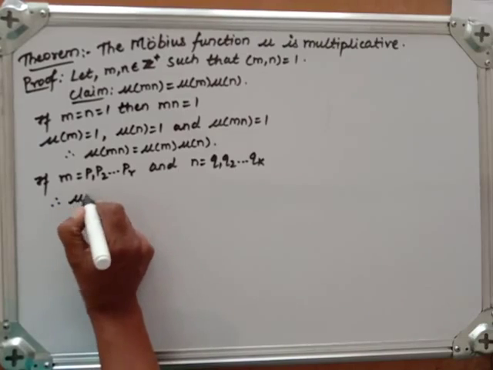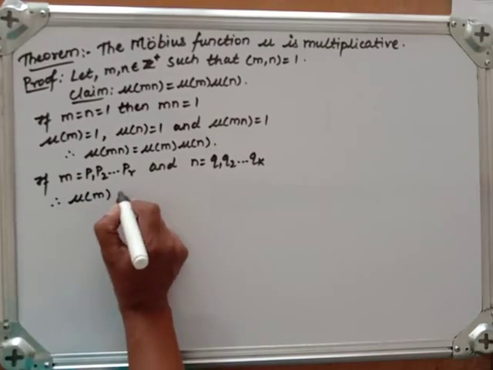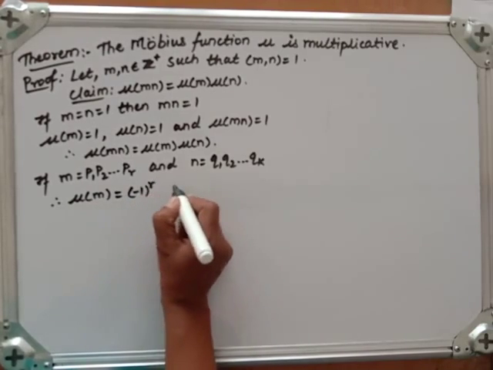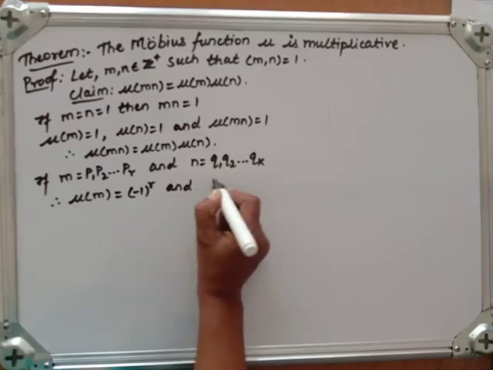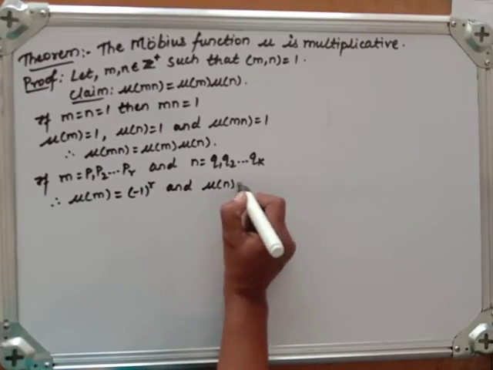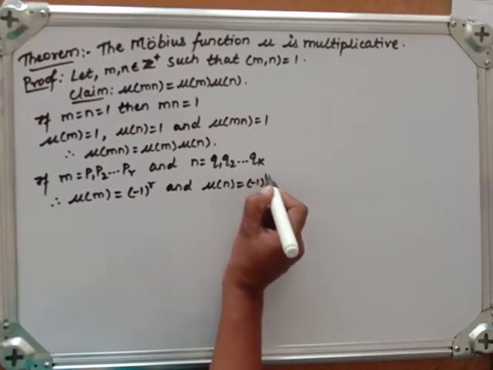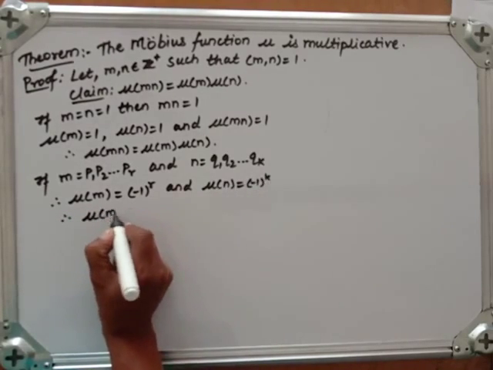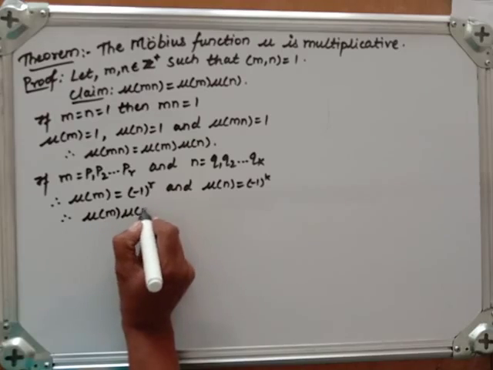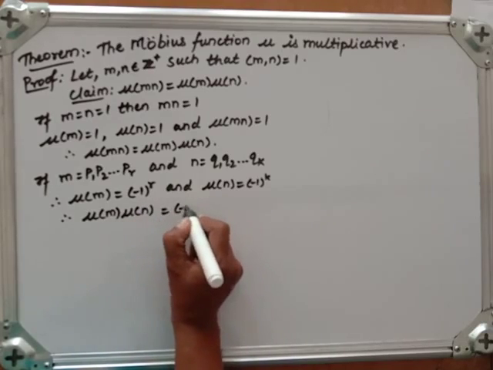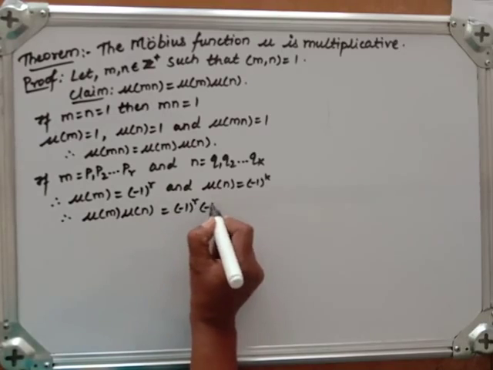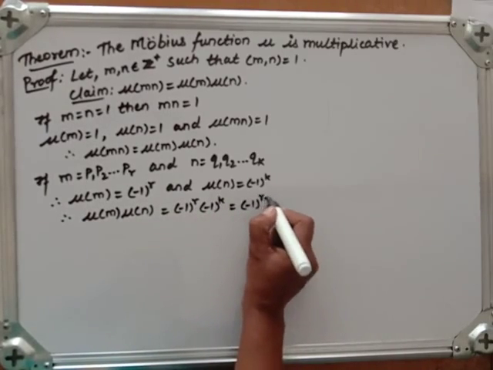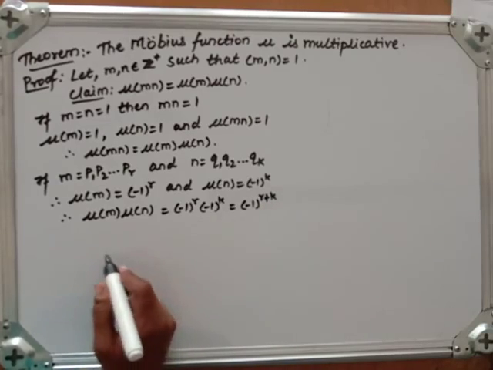Therefore, mu of M is minus 1 raised to R, and mu of N is equal to minus 1 raised to K. Therefore, mu of M into mu of N will be minus 1 raised to R into minus 1 raised to K, and that is nothing but minus 1 raised to R plus K.